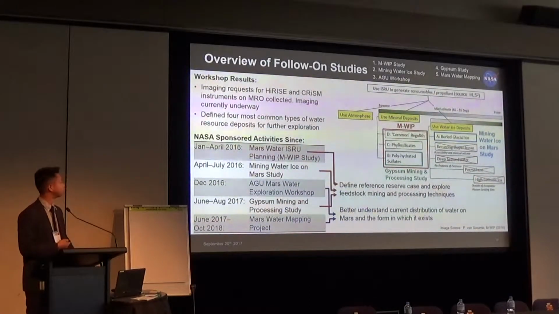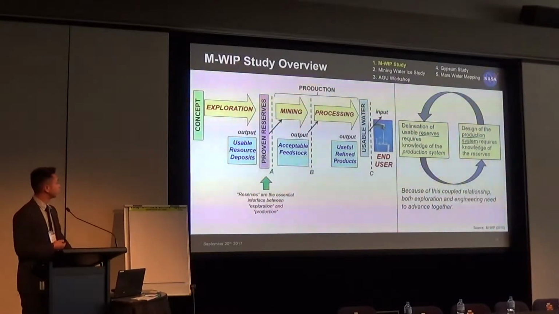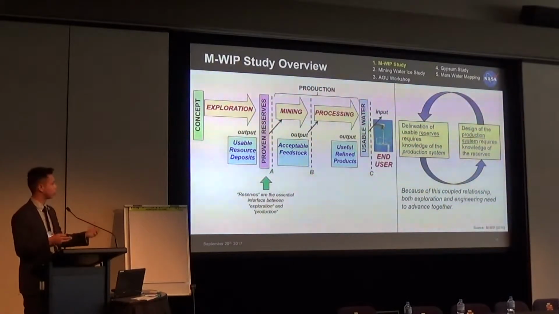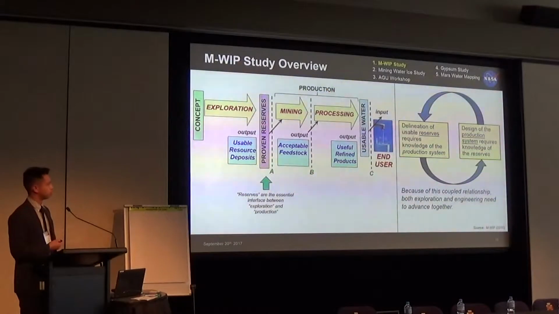The MWIP study basically found that to go from where we are today, where we have a fleet of spacecraft around Martian orbit, to having an understanding of what it takes to get water from Mars, we need to do exploration with our orbiters, and then through that the output would be an understanding of what the proven reserves are, and then you would develop the production system to extract useful water from those proven reserves.